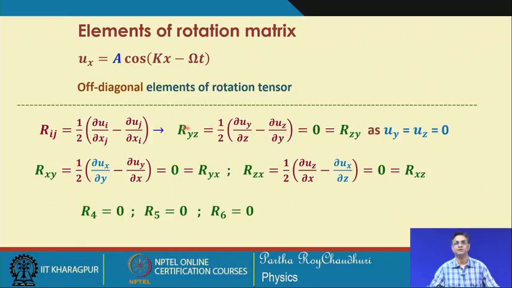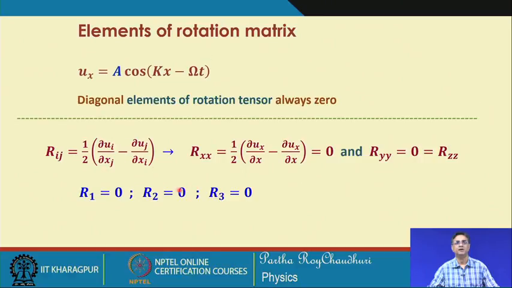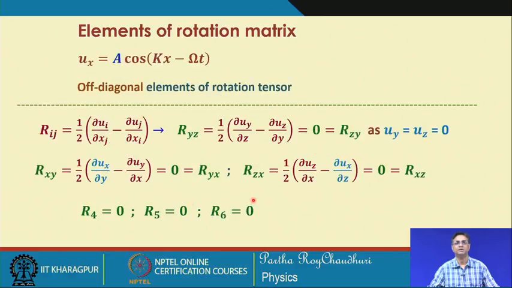As a result, this is equal to 0, and del ux del y, I just now mentioned, is also 0, because there is no change of ux in the y direction. So, this is also 0, because uy is 0, and likewise all the other elements are 0. So, we see that the diagonal elements R1, R2, R3, and R4, R5, R6, all of them are identically 0.